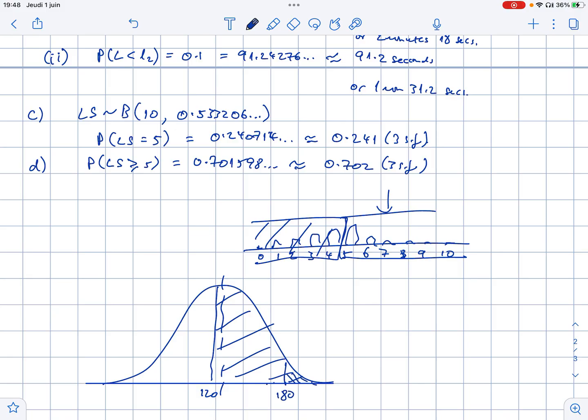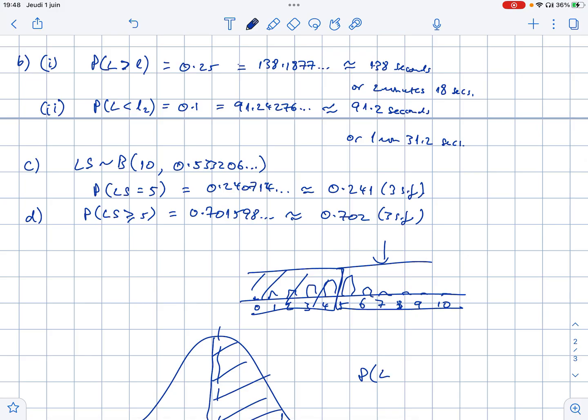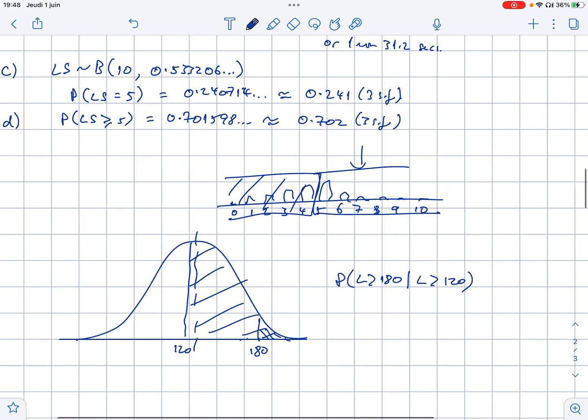Is this bit here. And that's the probability that the length is greater than 180, given that they've already spoken for 120 seconds. So if they've spoken for 2 minutes, what's the probability they'll carry on for 3? It's a given that question, a conditional probability.